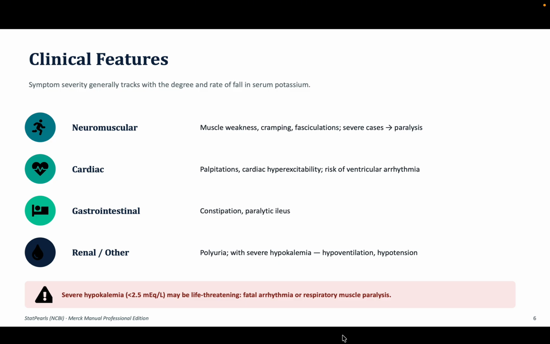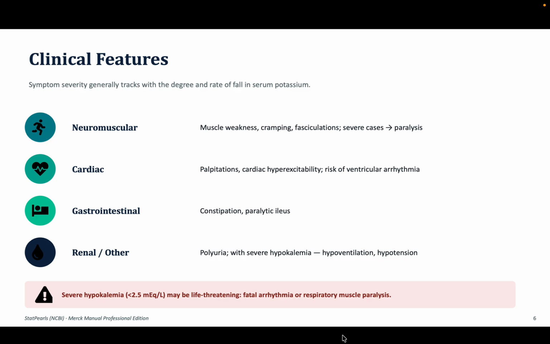The symptoms can be classified as neuromuscular symptoms, which include muscle weakness, cramping, fasciculations, and in severe cases, paralysis. The cardiac symptoms include palpitation, cardiac hyperexcitability, and risk of ventricular arrhythmia.